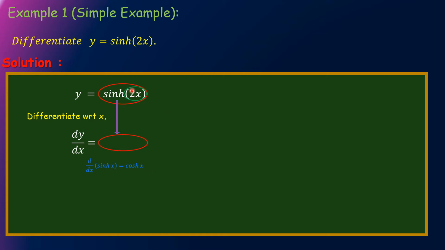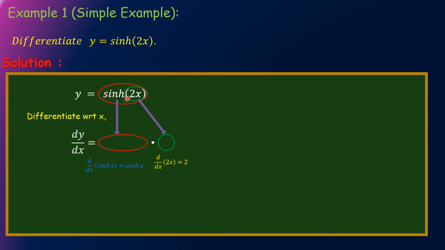And then inside the sin, we also need to differentiate. We can refer to the formula for the derivative of 2x. And in between, multiplication. And then we can put the correct function inside each circle.